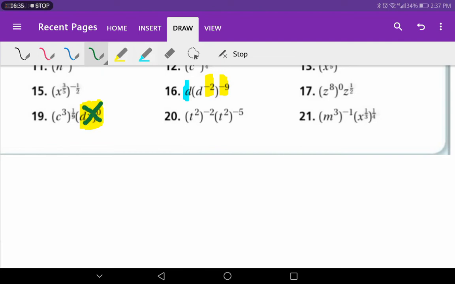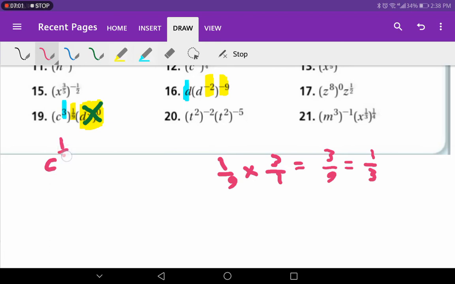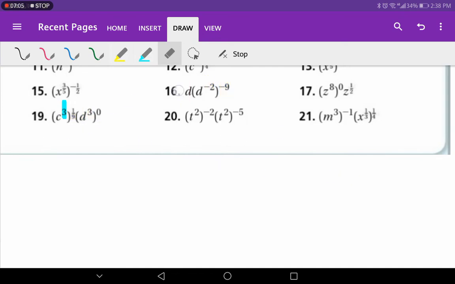So what I have is only 1 over 9 multiplied by 3. 1 over 9, I take it beside, 1 over 9 multiplied by 3 over 1, equals 3 over 9, which equals, dividing up by 3 and down by 3, 1 over 3. So the answer is c with power 1 over 3. My dear student, are you happy now?